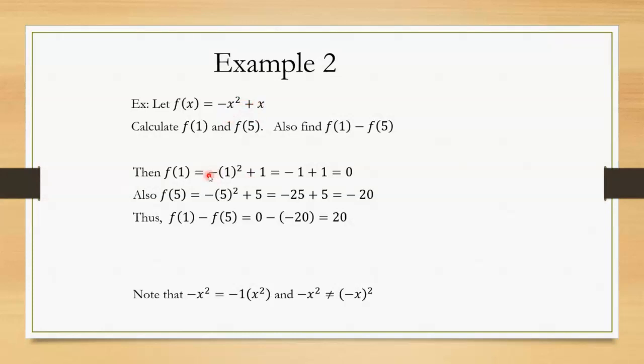We have negative 1 squared, right? Plus 1. And we know that negative 1 squared is just negative 1, right? So we get negative 1 plus 1, which is 0. I put parentheses here because I'm illustrating that you're not squaring the negative. That's why there are parentheses here. 5, it's the same idea.